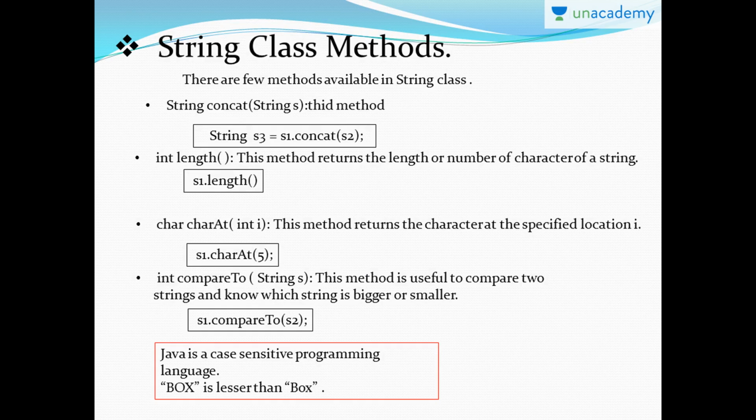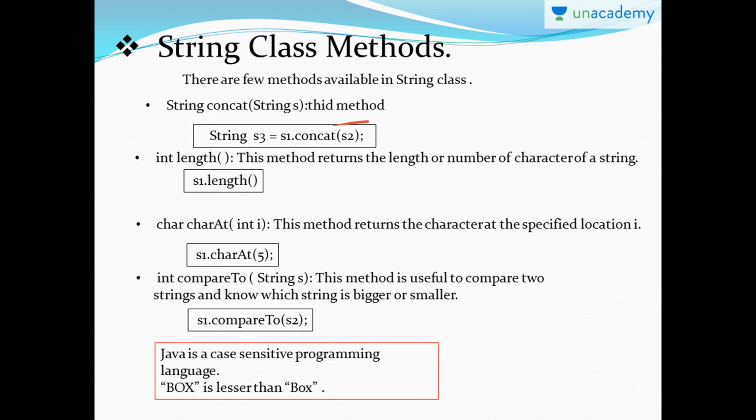Alright, when we discuss string class methods, there are a few methods available in the String class. We'll be discussing each of them. String concat, that means this is called concatenation. This method will help us understand how we can add two strings. Previously we were adding two integer numbers to find the sum of those two numbers. Here we'll be adding two character strings.